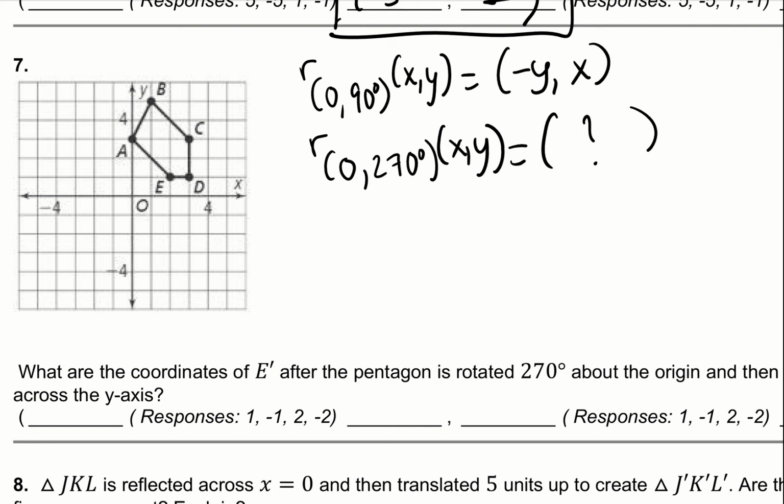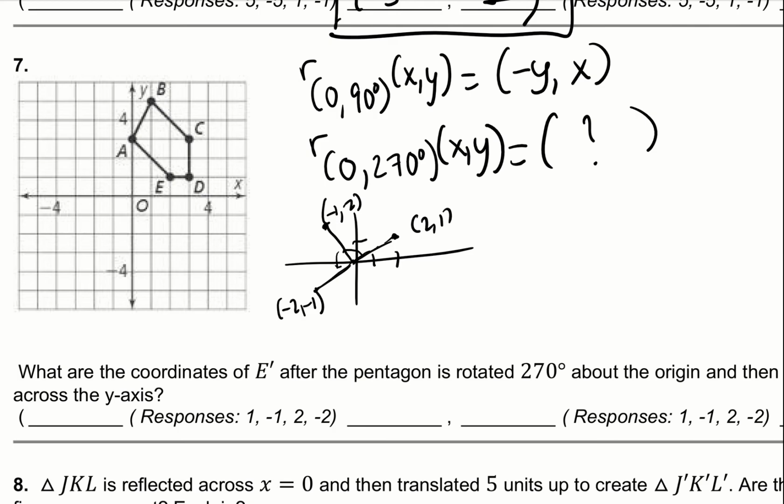Okay, so if I have a coordinate, let's use the same coordinate, 2, 1, and I want to rotate it. Well, if I want to rotate it 90 degrees, I go over here, which we know is going to be -1, 2. Then if I rotate that another 90 degrees, that brings me down to -2, -1.